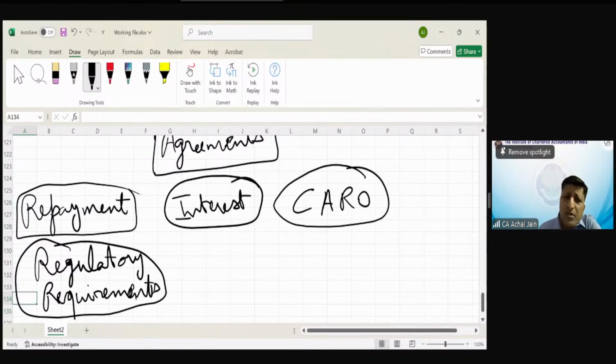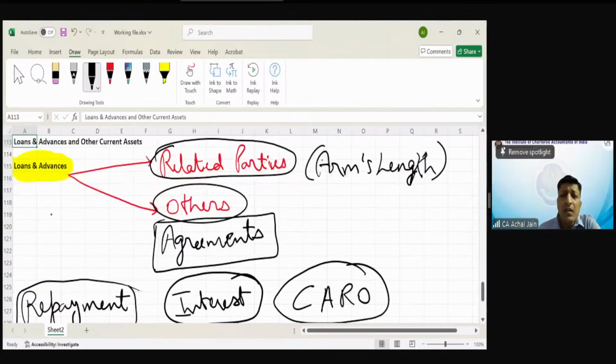And of course, in some of the cases, loans and advances may have been given, but the agreements around that are not available. For example, within the group companies, it's commonly observed that the advances are given, but the purpose is not specified, or many times the agreement is not executed. There's no repayment plan in respect of those advances. So all of those aspects are required to be looked at.